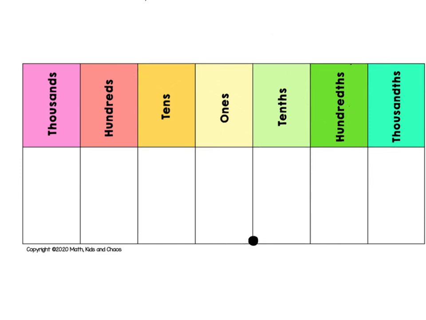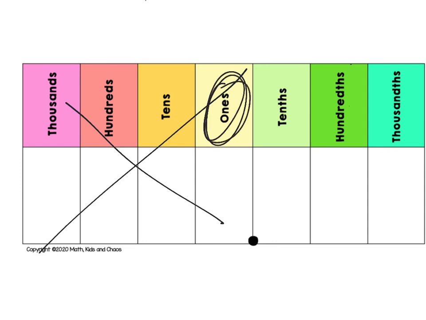All right, so 8 tenths is our fraction. And so when we write that as a decimal, there will be nothing over here because we have not made it to 1 whole yet. So our decimal will just look like this, 8 tenths.